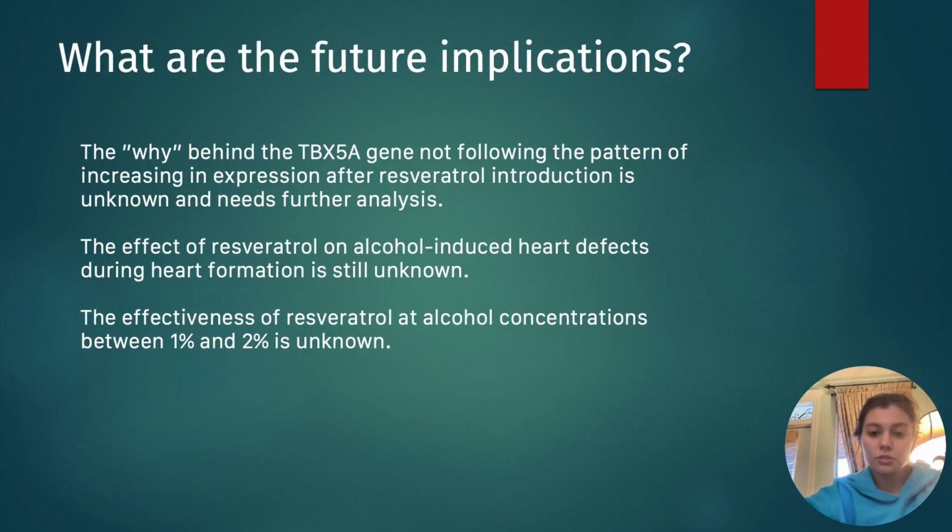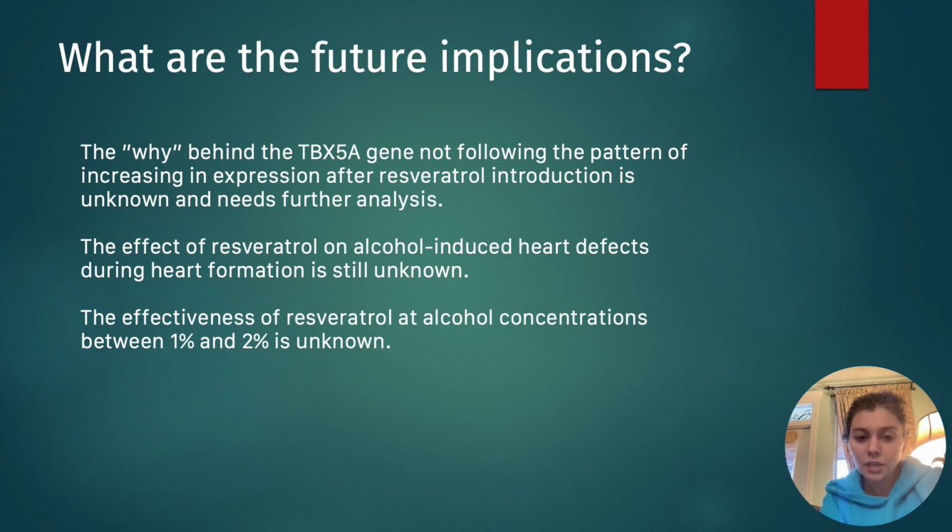Okay, future directions for this experiment. So like I previously mentioned, the why behind the TBX5A gene not following the pattern that the other two genes did for the 2% group treated with resveratrol is unknown, and they would need to further analyze this phenomenon to determine a reason for that.